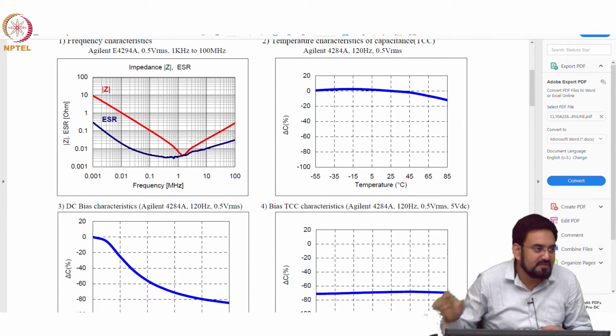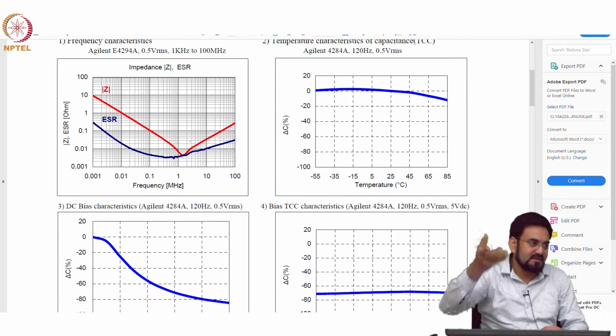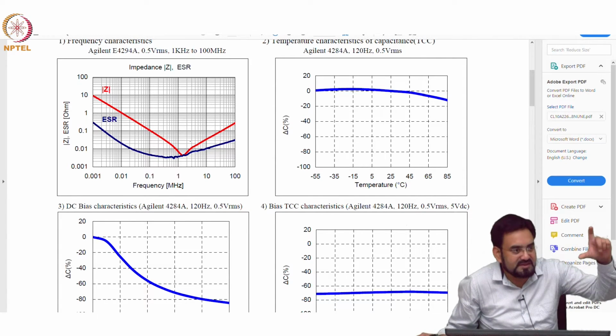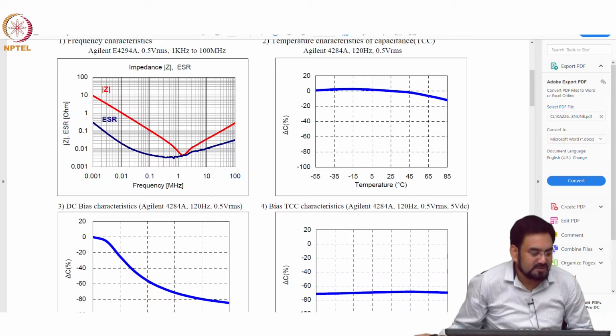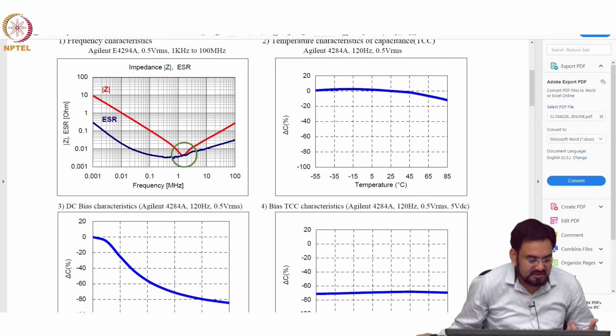So, you can think of it as a series LCR: the capacitor, then series R and series L. So, it will have some resonance, and at that resonance your impedance will be the same as your resistance. So, this is your ESR, this bottom point, and you can see this ESR is exactly overlapping with the bottom of your resonance.